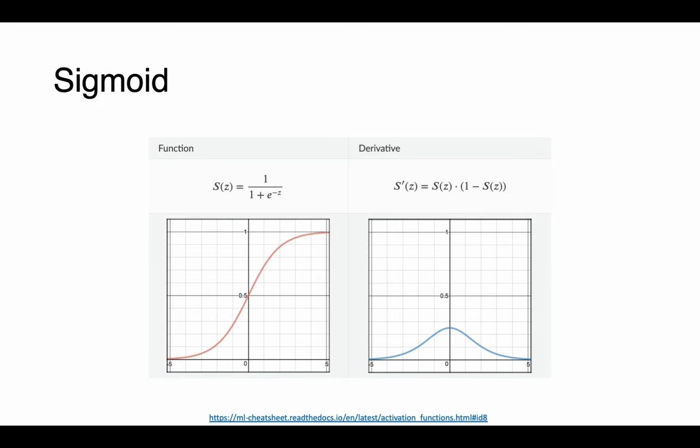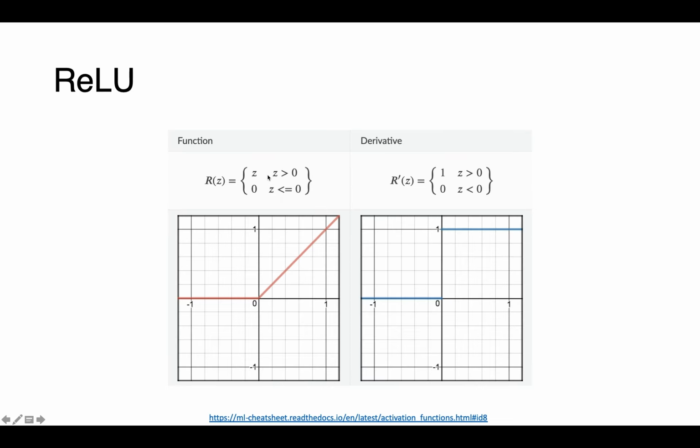And there is also the sigmoid function. It's a curve represented by this formula. Oh, by the way, here you have the function and the derivative. So you can see when the derivative goes to zero.